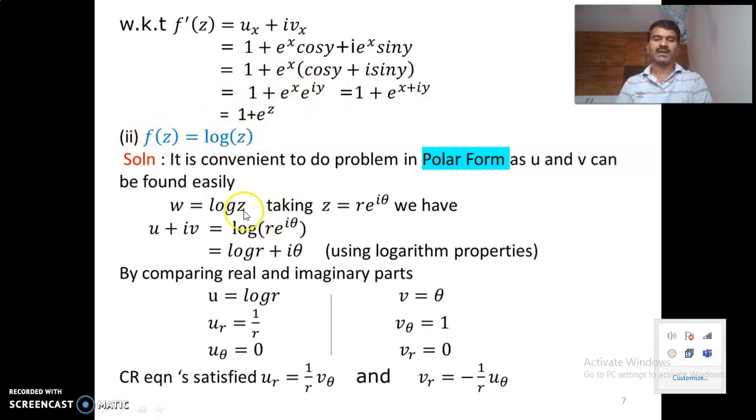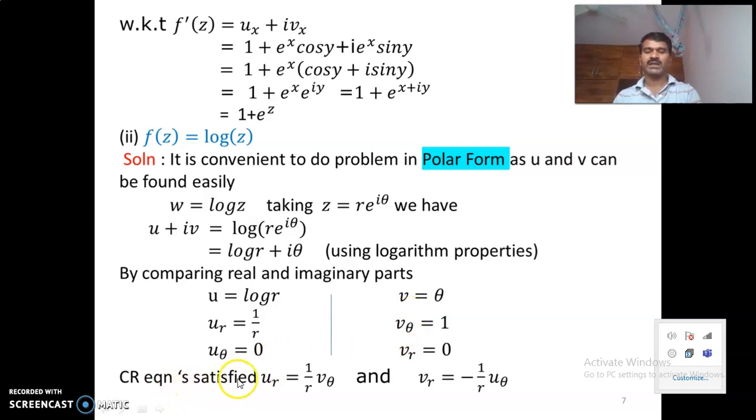Then log z is log of r e to the power of i theta, and using logarithmic properties, log r plus log e to the power of i theta, which is i theta. Comparing real and imaginary terms respectively, u is log r and v is theta itself. Then differentiate partially with respect to r and theta in u, and also in v.